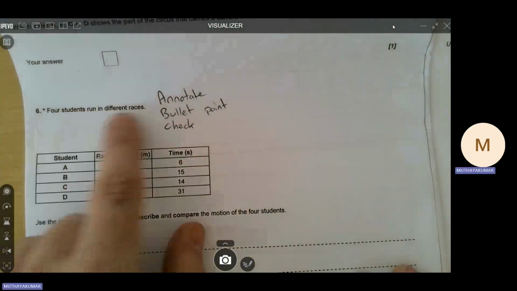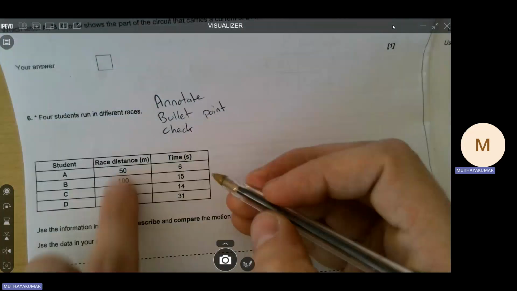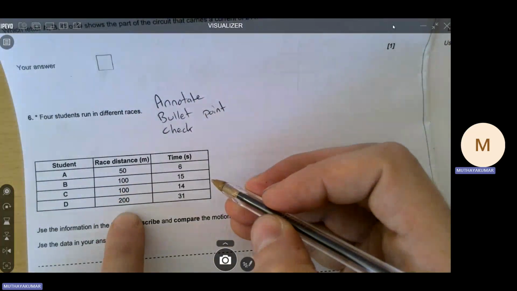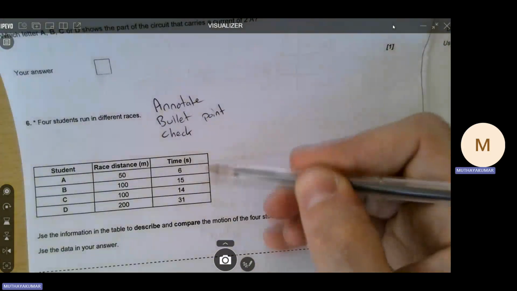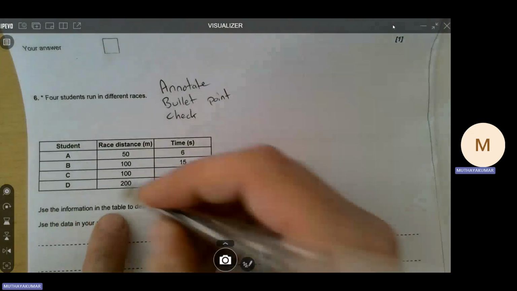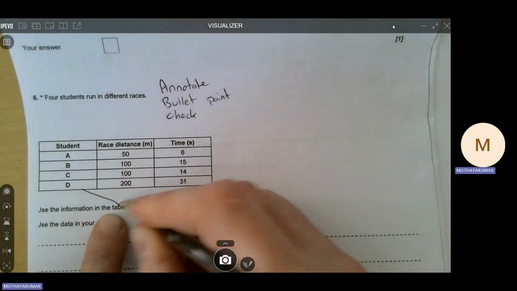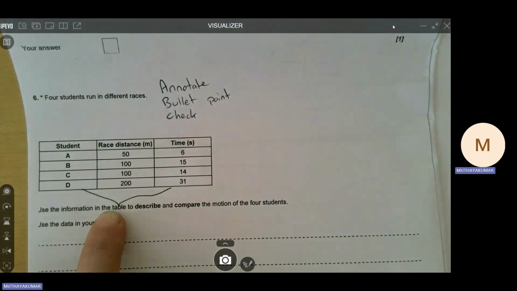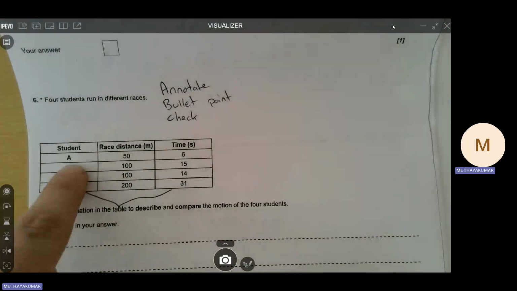So we've got 4 students running different races. We can see we've got distances, we've got times. I don't think there's anything particularly here I need to annotate, but let's look at the instruction. Use the information in the table. So maybe I'll just put a little arrow to it, just to make it really obvious I need to use this.